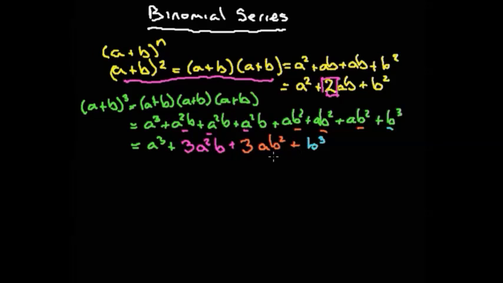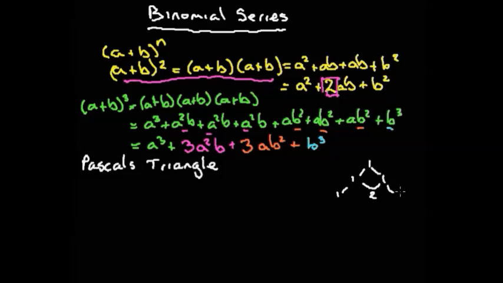Now there's a pattern forming here, so I've got 1, 3, 3, 1. If I go up here, I've got 1, 2, 1, and actually that pattern is Pascal's triangle. So let's write that down. Pascal's triangle. And if I was to draw Pascal's triangle over here, I'd have 1, and then I'd have 1, 1, then I would have 1, 2, 1.